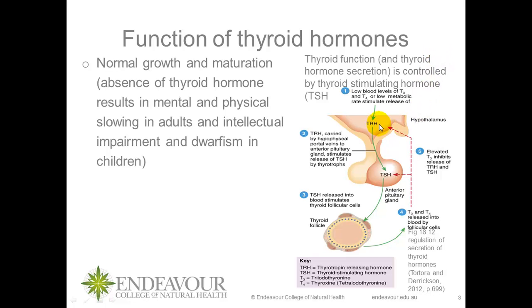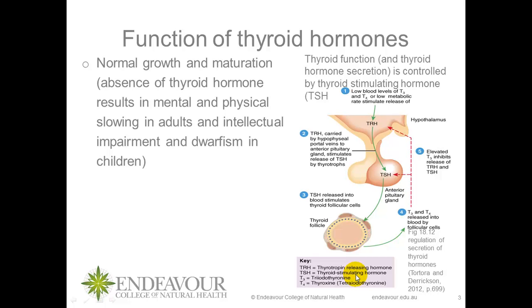The hypothalamus produces thyrotropin-releasing hormone, TRH. TRH travels a very short way in the portal veins to the adenohypophysis, otherwise known as the anterior pituitary. It is then caused to release TSH, thyroid stimulating hormone.